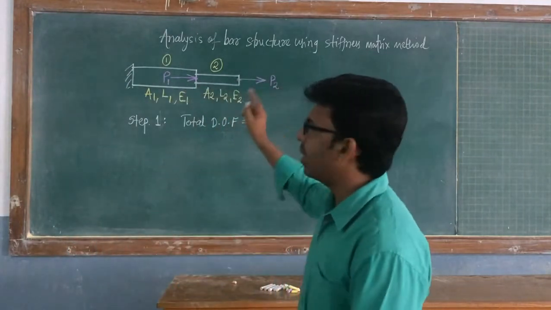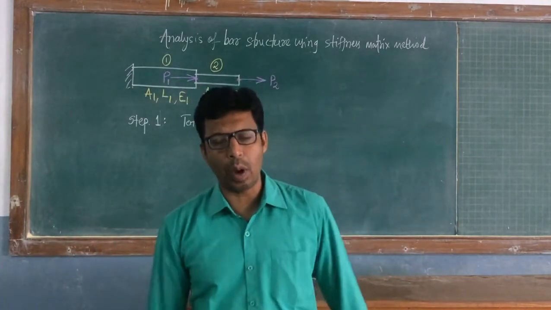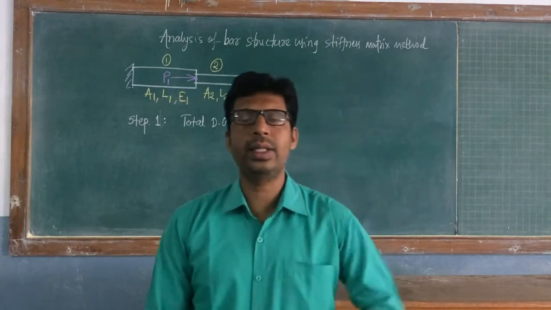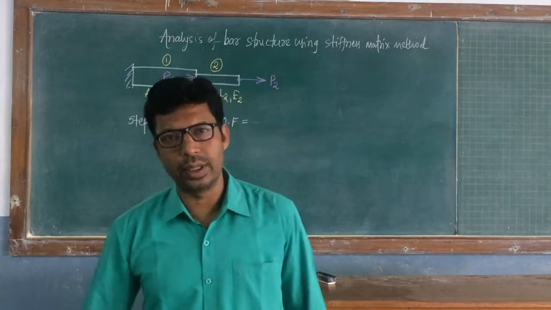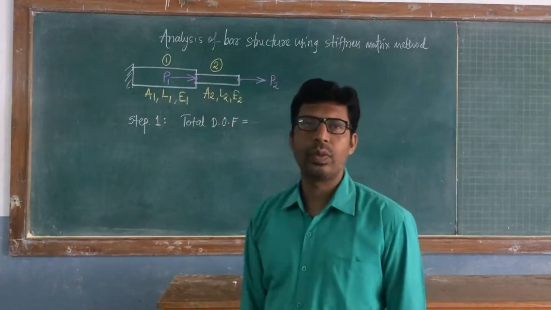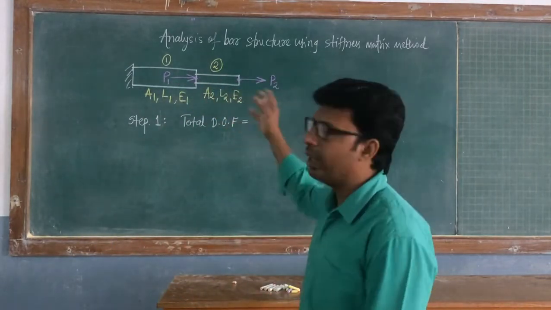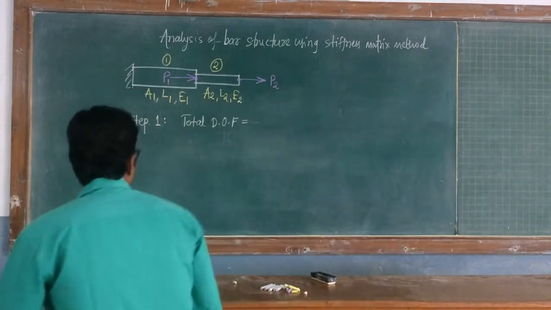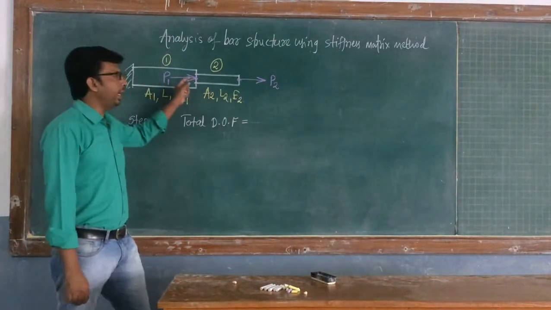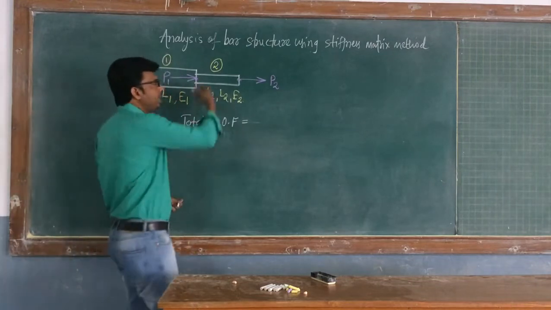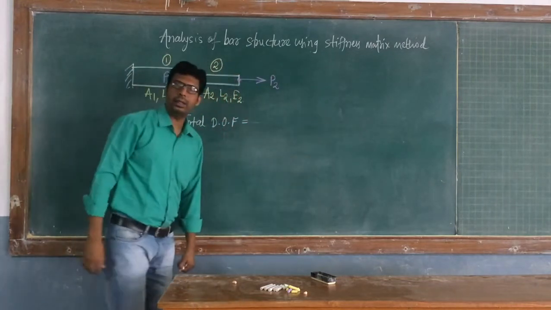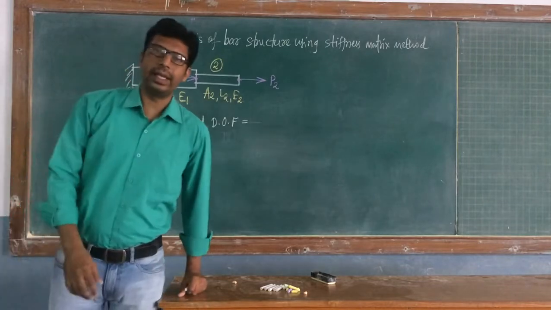Now, if you look at the bar structure, or if you remember your problems of bar assembly in strength of material, a bar is always subjected to axial forces like P1 and P2. So when you apply this force P1 and P2, the bar will either elongate or compress. Elongate means there will be an increase in length, or a decrease in length.